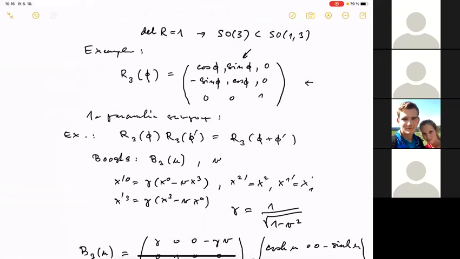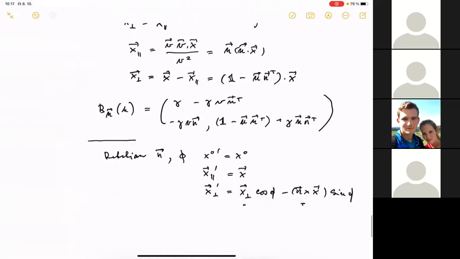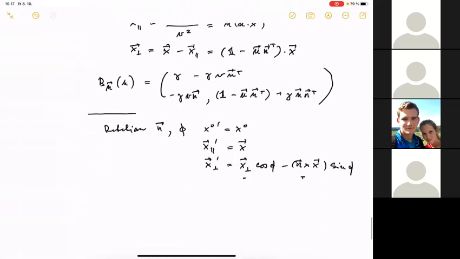So this is nothing else but this matrix, cosine phi, sine phi, and minus sine phi, but written in terms of two vectors orthogonal to the direction of the rotation. So we can rewrite the general form of this rotation in components.